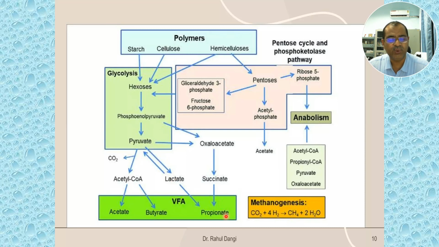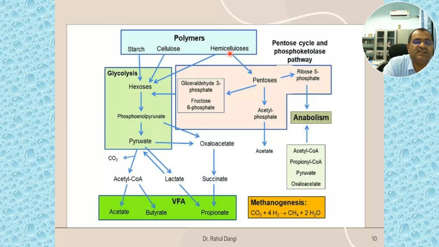Lactate is converted to propionate. Whereas the earlier product, phosphoenol pyruvate, is converted to oxaloacetate, then oxaloacetate is converted to succinate, and succinate to propionate. Once again, the VFAs. The pyruvate is one of the important end products of glycolysis by several processes.